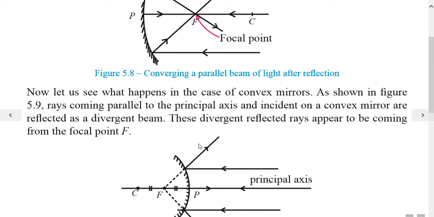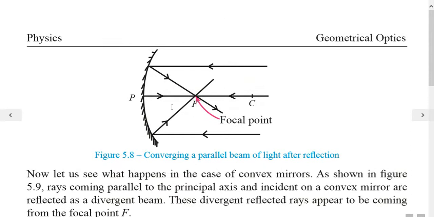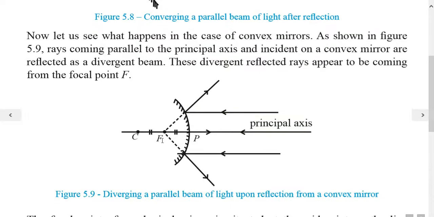This is the same for both types. The focal point F is always the midpoint between P and C. The midpoint of the line joining the pole and center of curvature is the focal point.